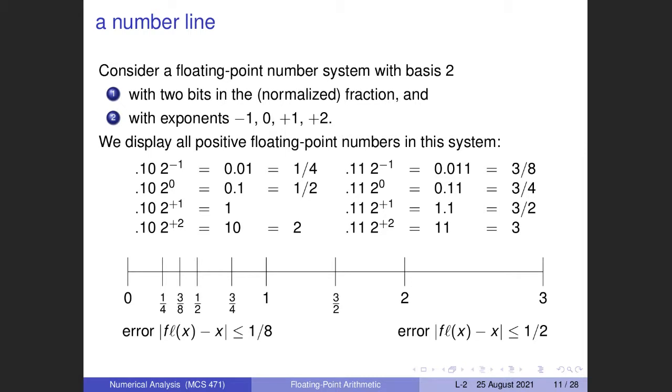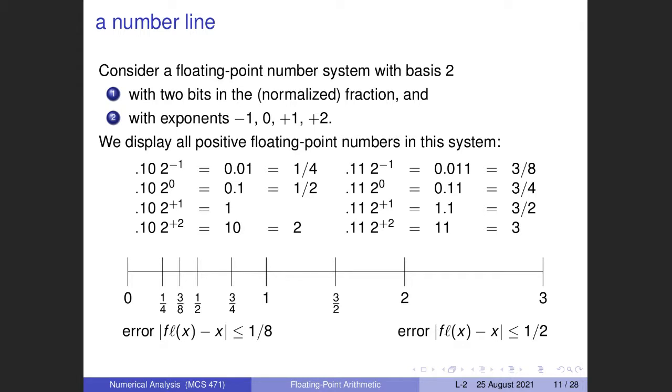Here you see a dictionary, if you like. At the left of every equation is the full expansion of the number, and at the right is the decimal notation. Here you see the number line. It is a very toy example, but it represents a truth for any number system.